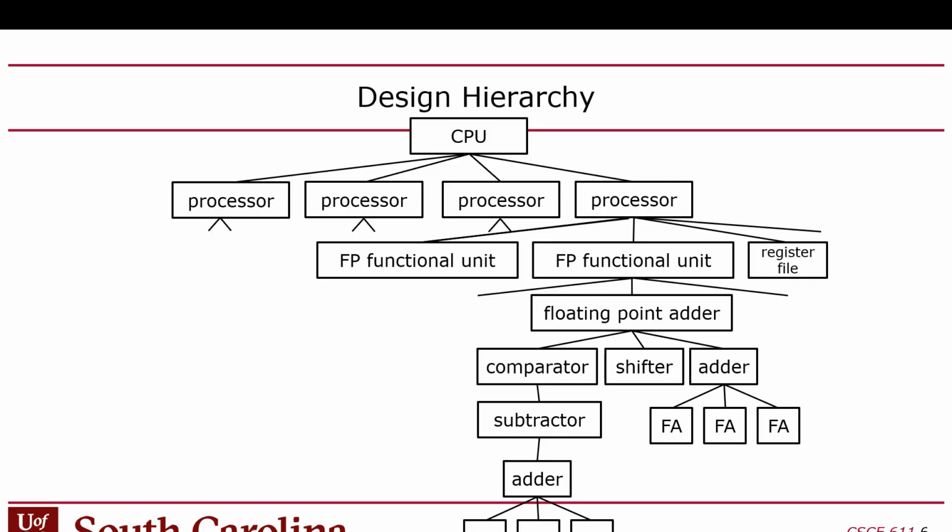You drill down in a functional unit and you'll see there's a floating point unit. Drill down there and you find the floating point unit is just a comparator, an adder, and a shifter. Drill down in the comparator and it has a subtractor in it. Drill down in the subtractor and it has an adder in it. Drill down in the adder and you see that's just a bunch of full adders in an array, right?